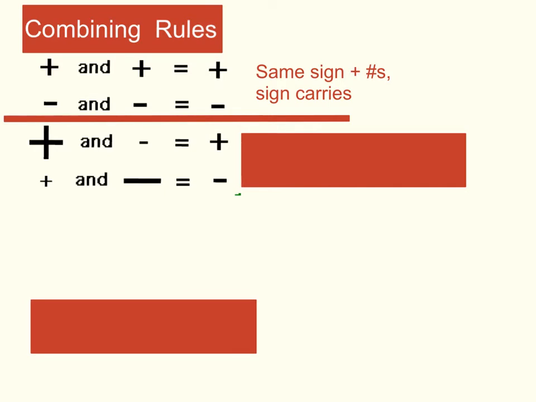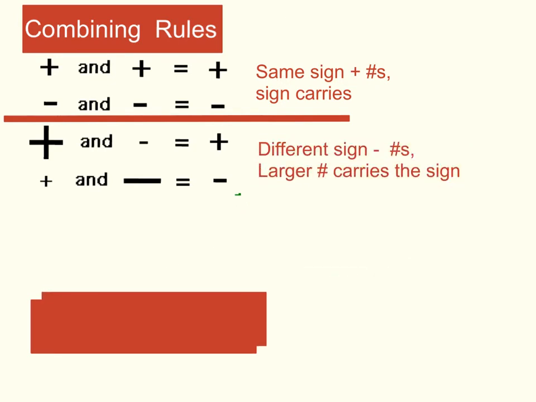For the opposite, if you notice on this one, I have a larger positive here, a larger negative here. Larger positive gives me a positive. The larger negative gives me a negative. So what we say is that different signs, you subtract your numbers. The larger number is going to carry the sign for these rules. This is once you've simplified down your signs in front of your numbers.